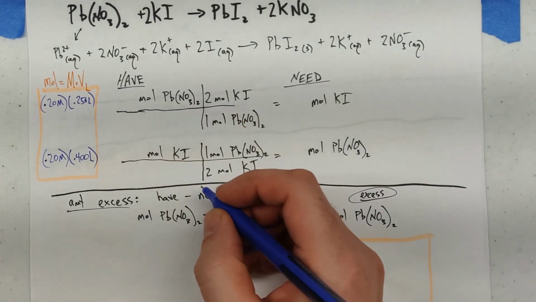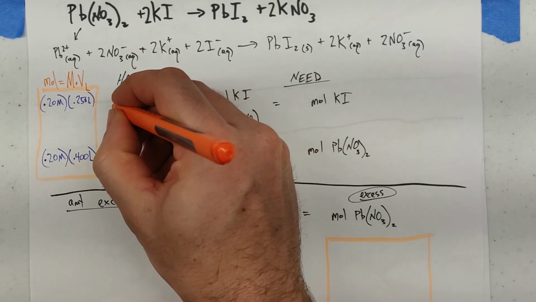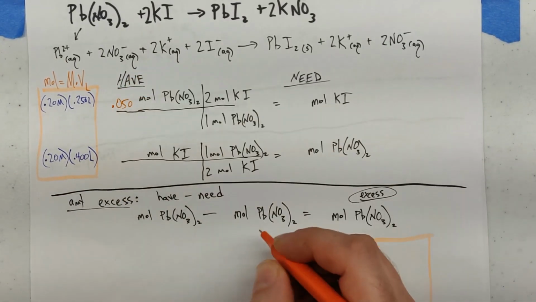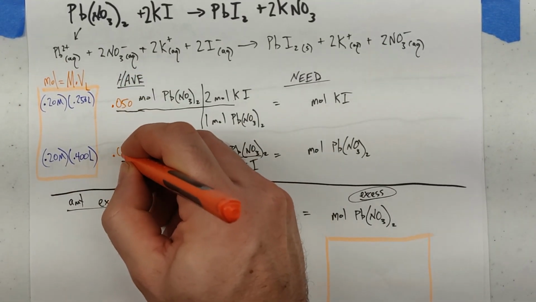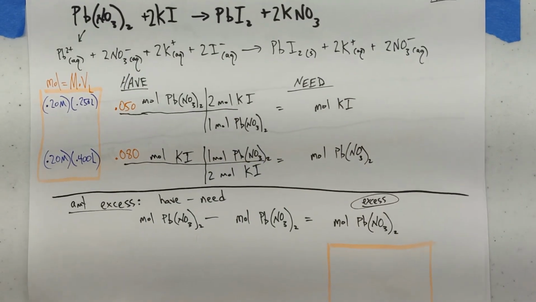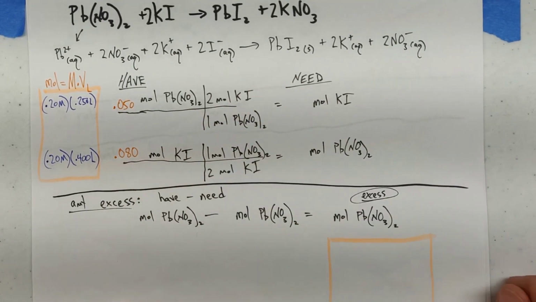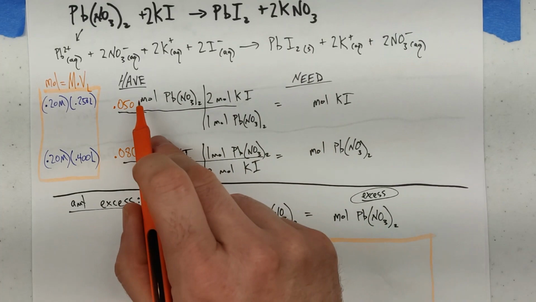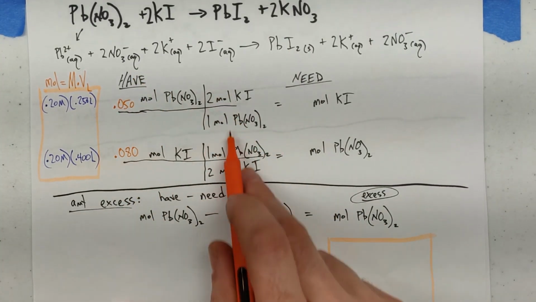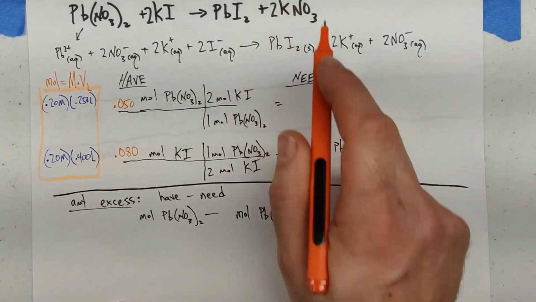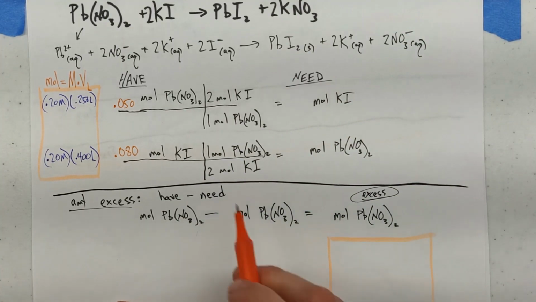When we plug these numbers in, we end up with 0.050 moles of the lead nitrate and 0.080 moles of the KI. This is a standard stoichiometry setup where you've got what you have in moles, you've got these ratios from the balanced chemical equation, and then we're just finding this out over here.